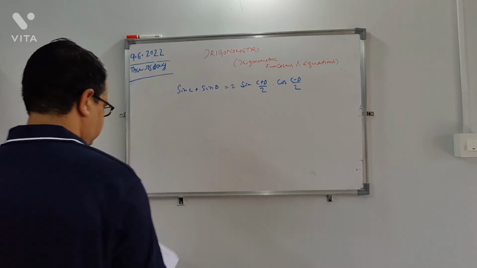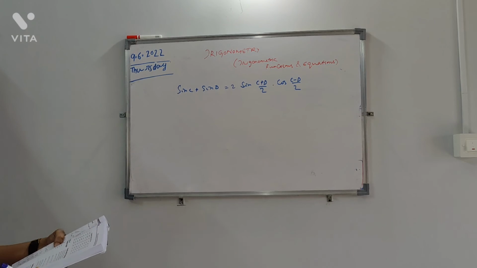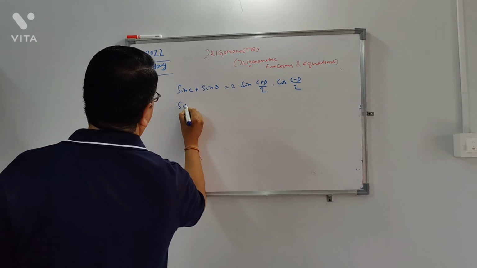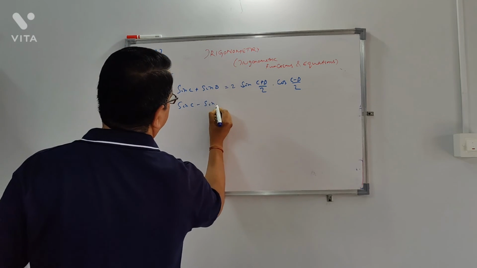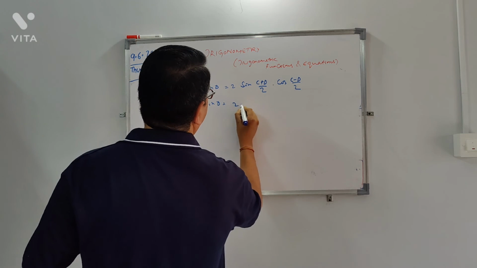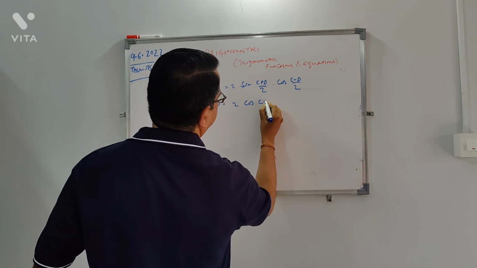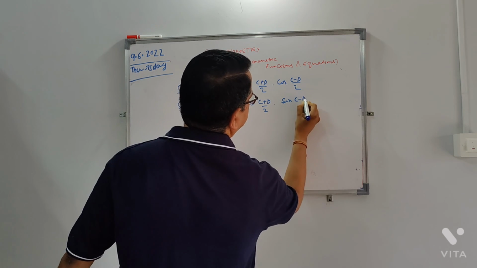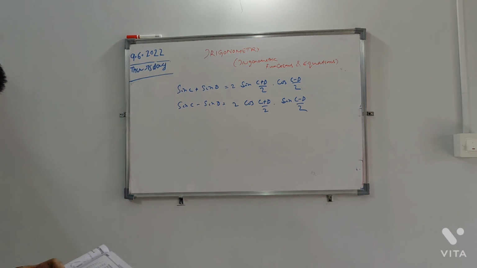Similarly, sine C minus sine D is equal to 2 cos C plus D by 2 into sine C minus D by 2.